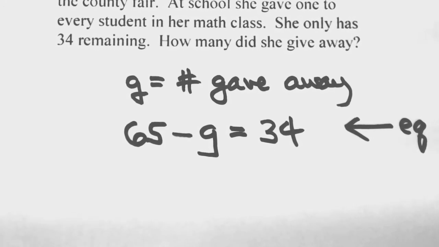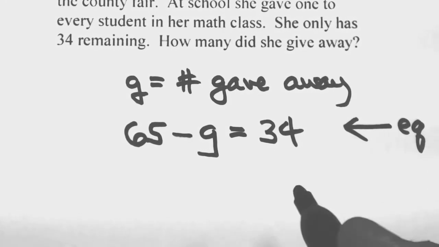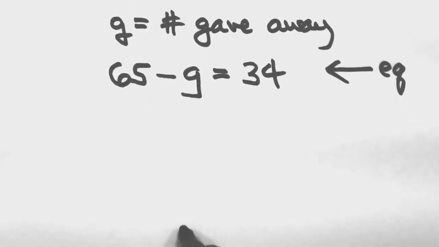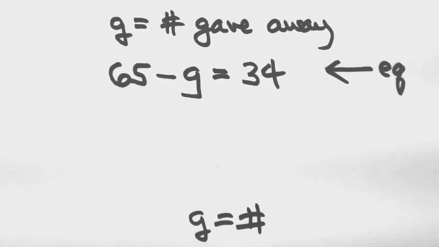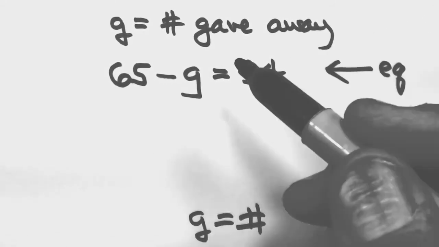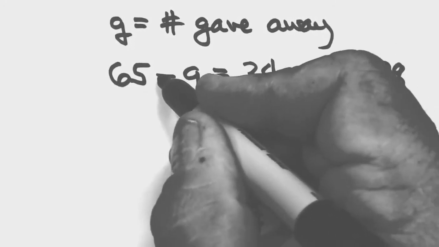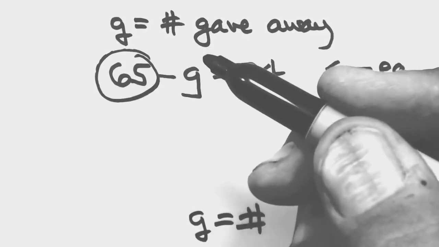Now, what we want to do is solve this. Well, remember, as always, our goal here is G equals whatever number the answer happens to be. So, the negative G is okay. G's are okay on the left, but the 65 has to move.